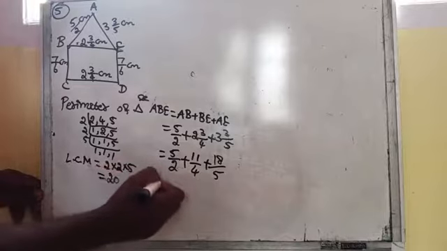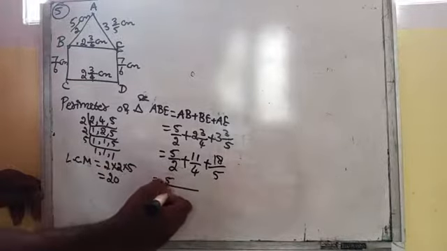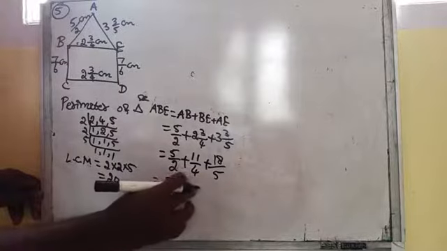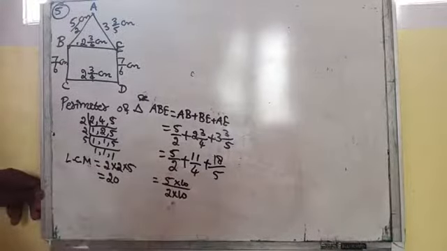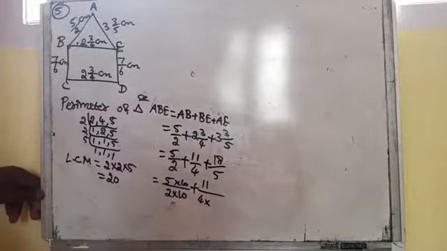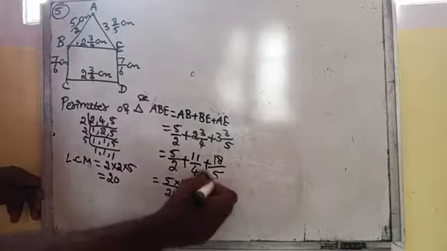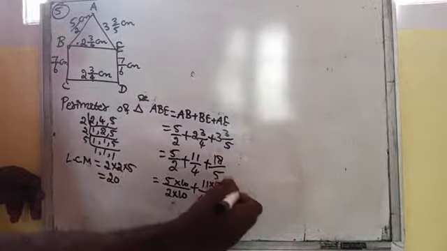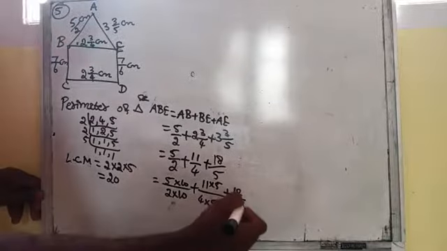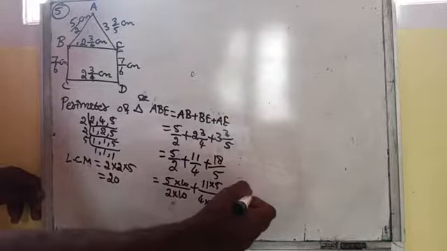Now, which number multiplied by 2 gives 20? 2 tens are 20. Then 11 by 4: which number multiplied by 4 gives 20? 5. So 11 into 5. Then 18 by 5: which number multiplied by 5 gives 20? 4. 5 fours are 20.